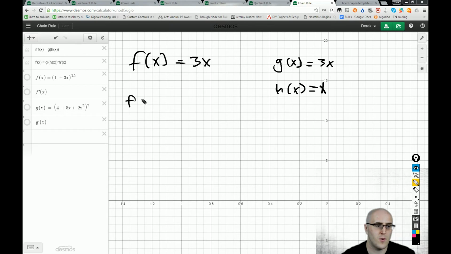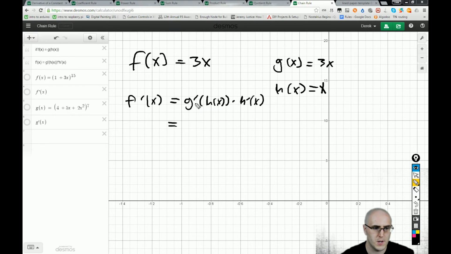We can use the same form of the product rule to say that our derivative is equal to g prime of h of x times h prime of x.